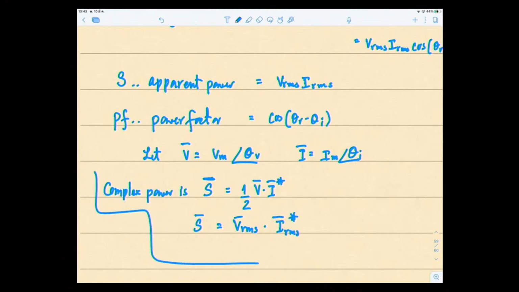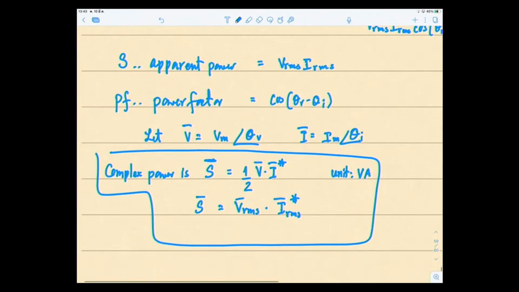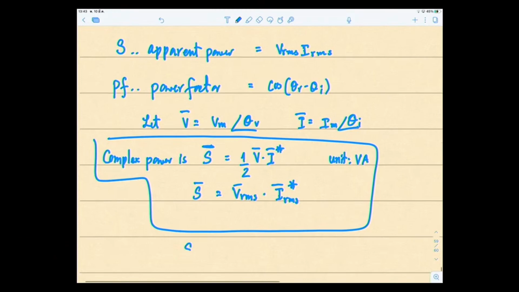This is the formula for complex power, and the unit is VA, volt ampere. The apparent power is then nothing but the magnitude of the complex power.